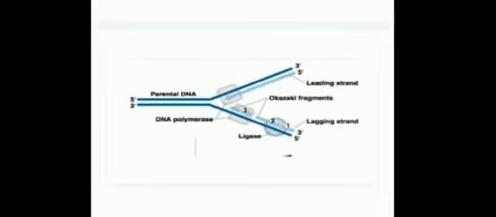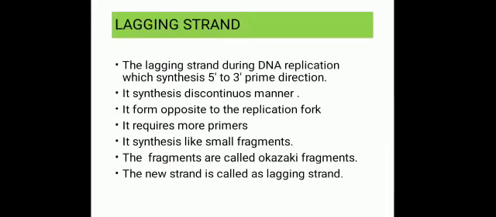And next one is the lagging strand. The lagging strand during DNA replication synthesizes in the 5' to 3' direction, in a discontinuous manner. It forms opposite to the replication fork. It requires more primers. It synthesizes like small fragments. Those fragments are called Okazaki fragments.